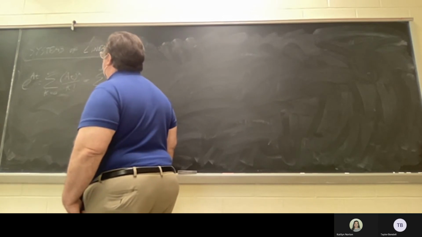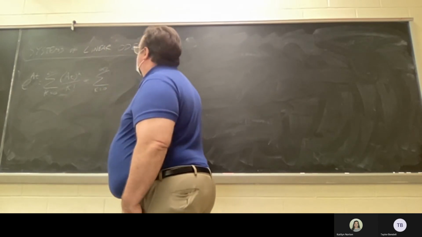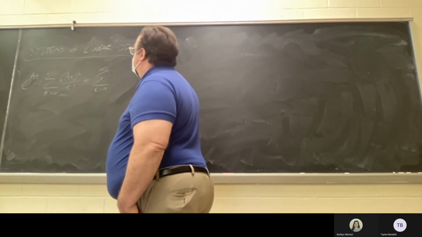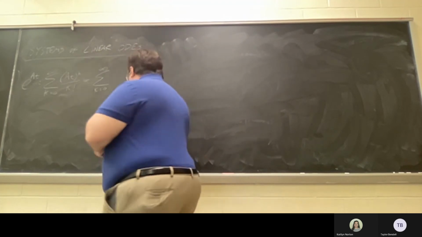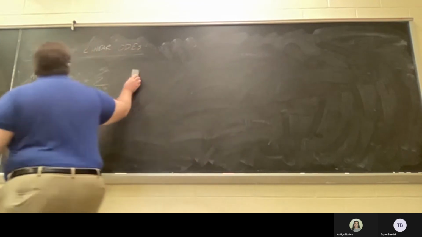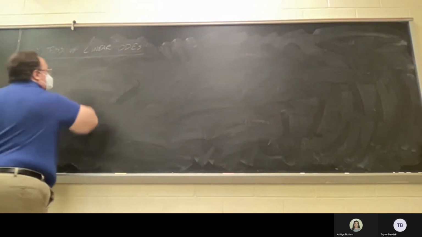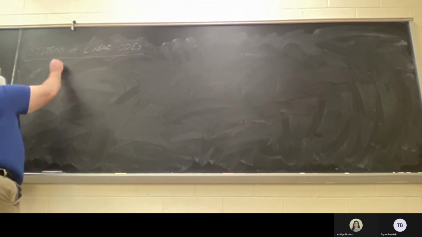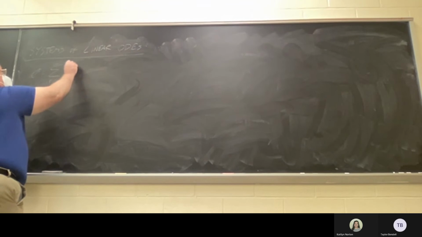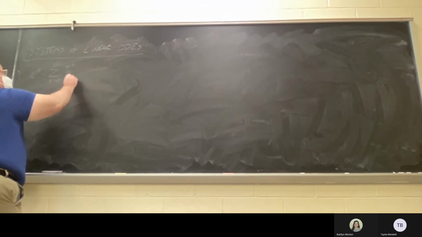All right, actually, I'm going to have to write this differently. So e to the t, with a scalar instead of a matrix, is a Maclaurin series, t to the k over k factorial.